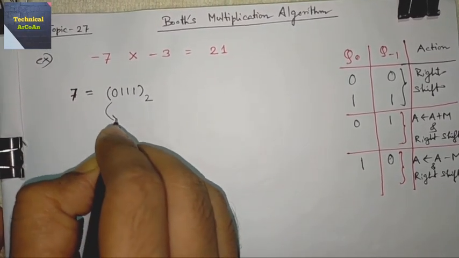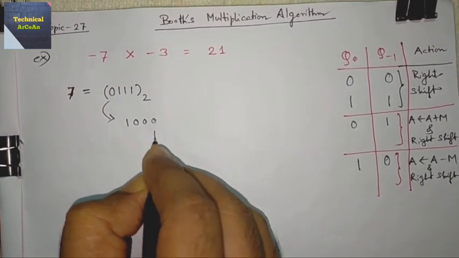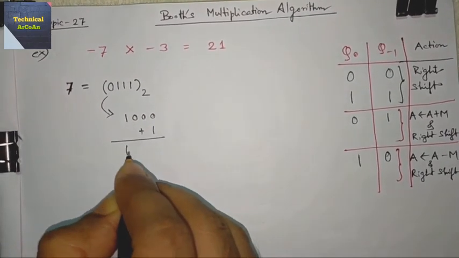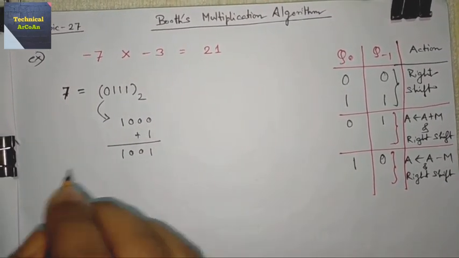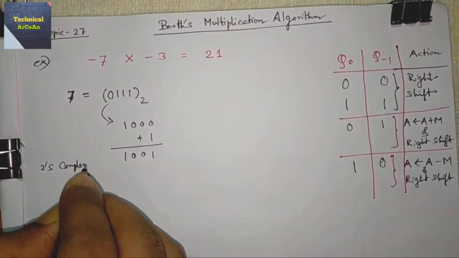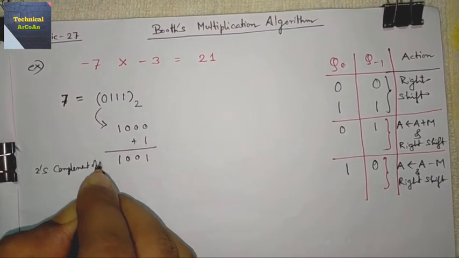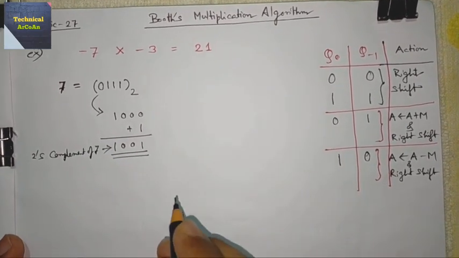If we do the 1's complement, it will be 1 0 0 0, and if we add 1, the result will be 1 0 0 1. That means the 2's complement of 7 will be this. Clear?